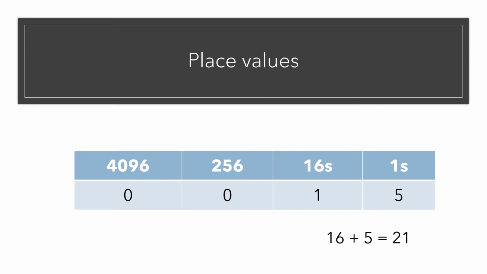Those look like large numbers, but don't panic because in everything that we'll be doing in A level, you'll only be looking at 2 digits at the most. So this example here is 1 in the 16s column and 5 in the units column, so that this number represents 21 in hexadecimal.